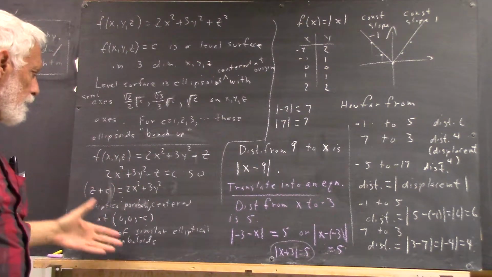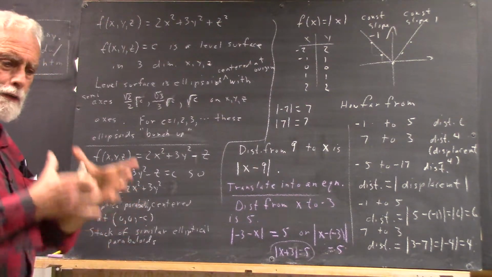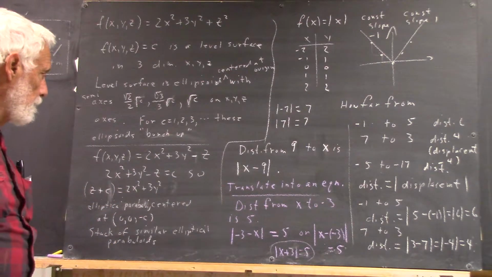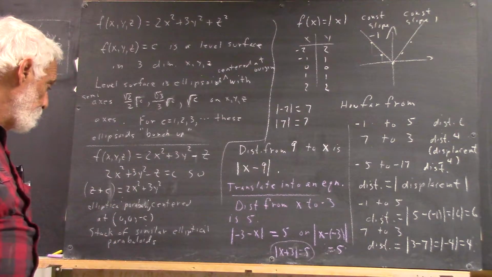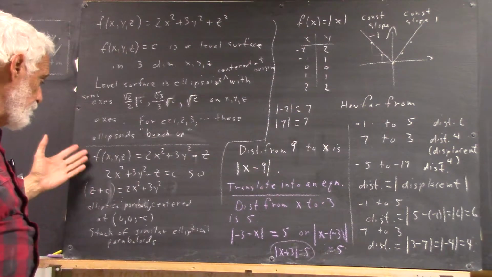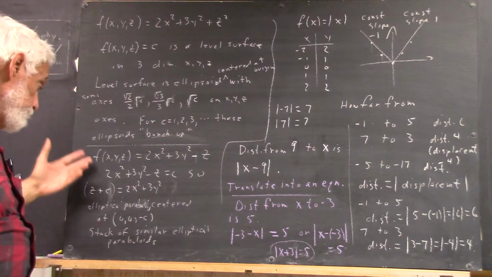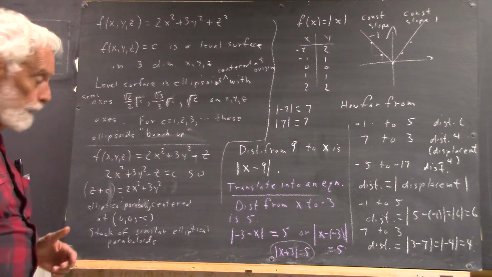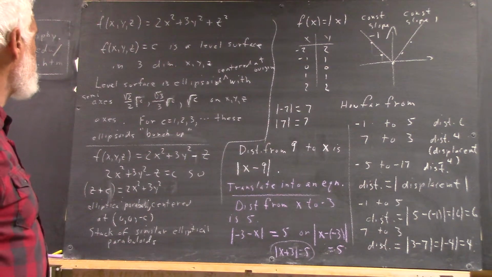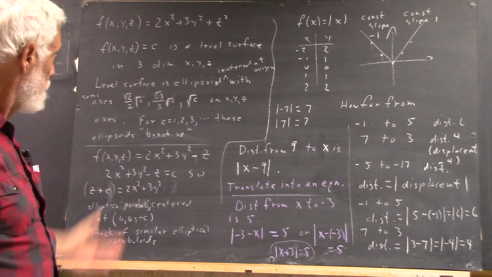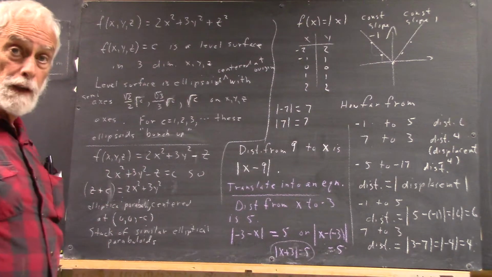So you can visualize a stack of geometrically similar elliptic paraboloids. That's fairly easy to see. Just another example. Much more that can be said, but this is how you can look at level surfaces.